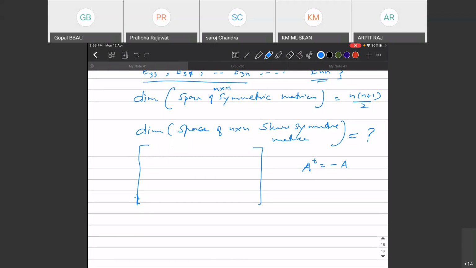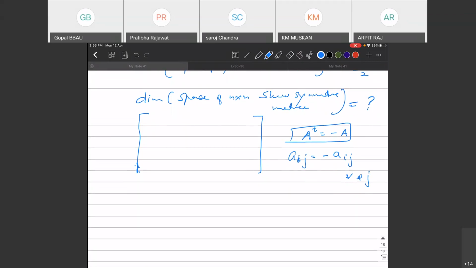So I think every diagonal element should be 0. From your definition, Aij equals minus Aji, and this is true for all i and j.